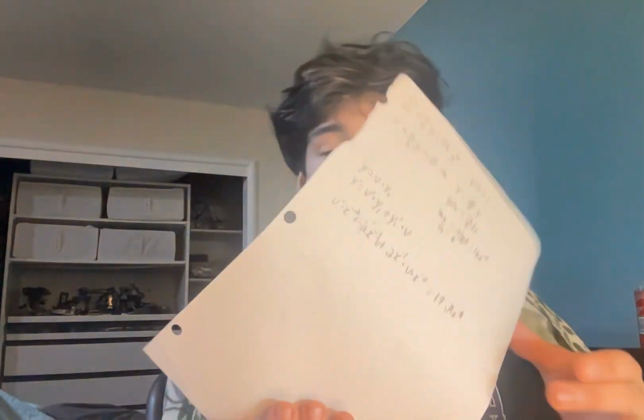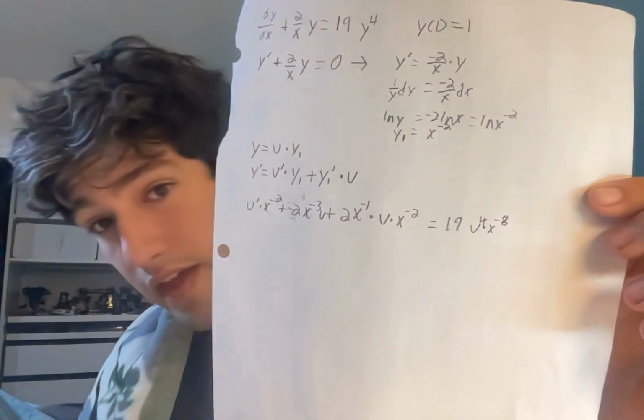And that's all equal to 19 times u times x to the negative 2, all to the power of 4. So that becomes u to the 4 times x to the negative 8. So that's that big equation that we have right there. Annoying to work with, but the negative 2x to the negative 3 u term cancels out with the 2x to the negative 3 times u term.